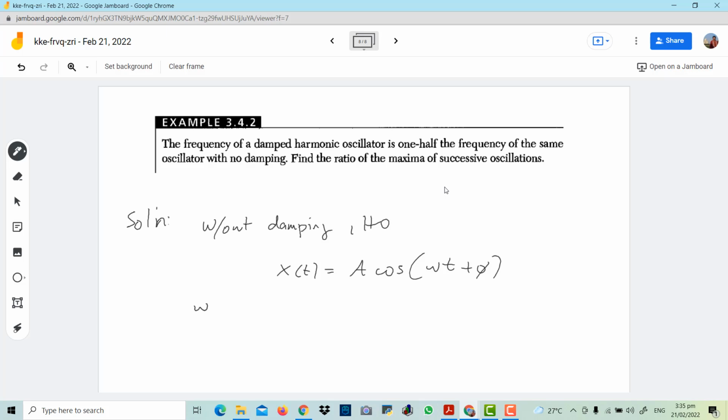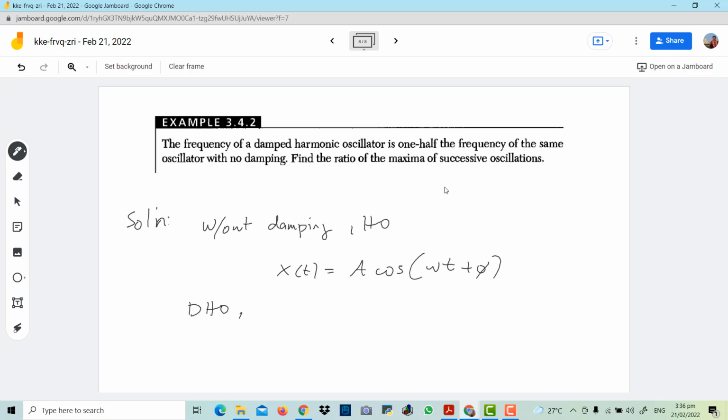But with damping, I call this one a damped harmonic oscillator. In the general equation for the damped harmonic oscillator, the amplitude is no longer just A, but it has some exponent e to the minus gamma t. Right?